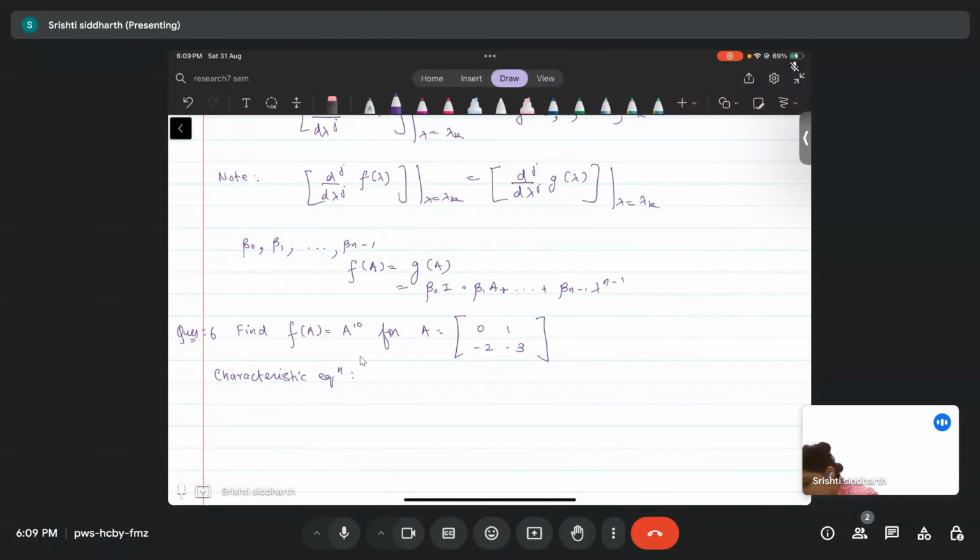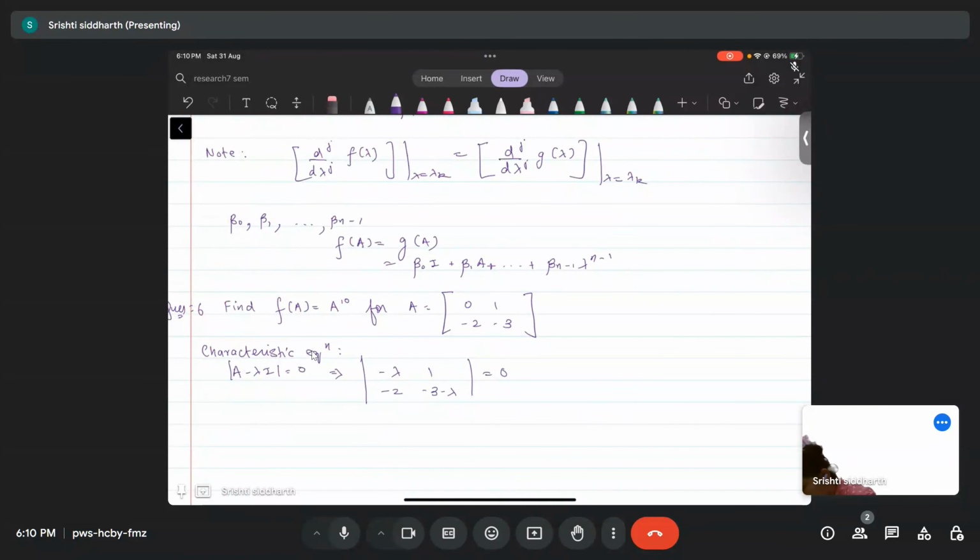What's the characteristic equation? This is simply lambda squared plus 3 lambda plus 2 equals 0.